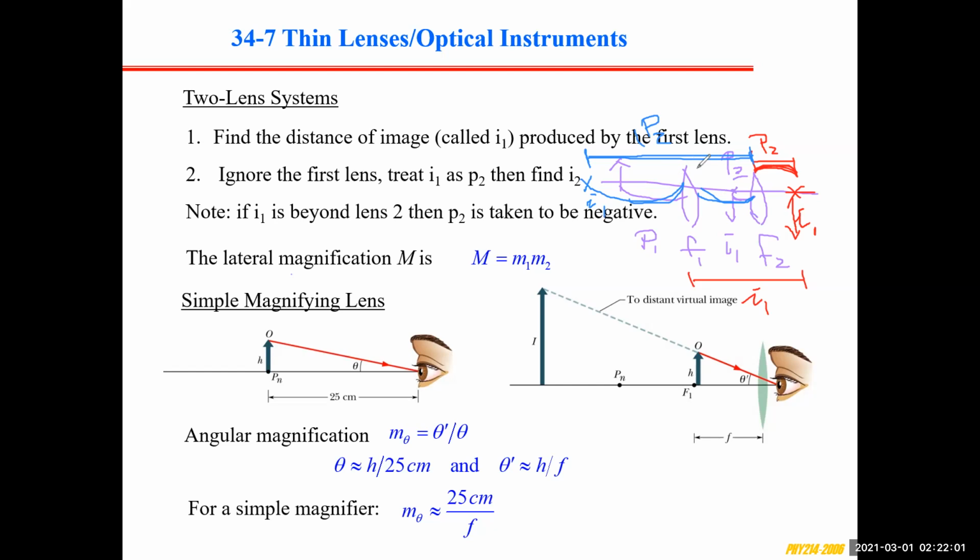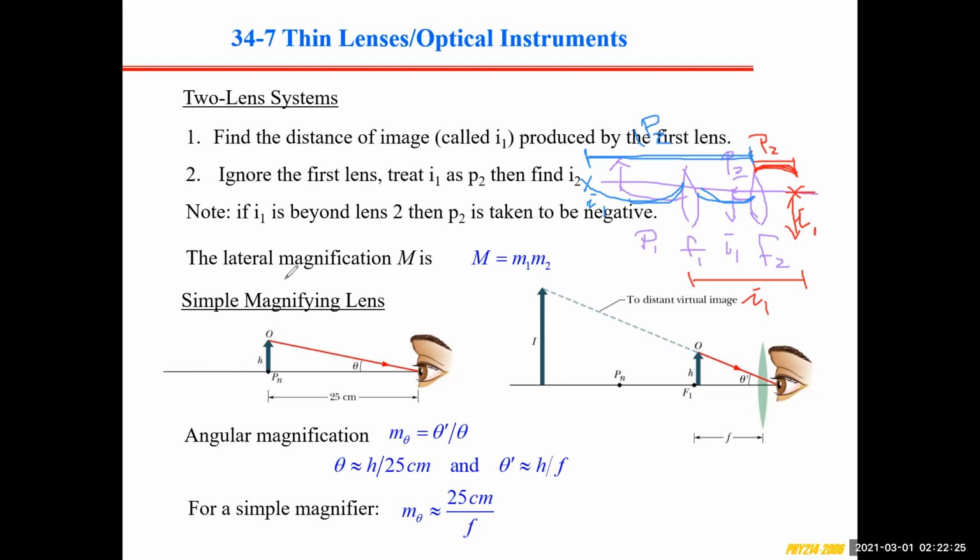Once you have your P2, then you apply the lens equations again to find your I2. There are some exercise problems that you can do to apply the principle and make sure that you understand the process for the image to be formed. Okay, so it's basically that.